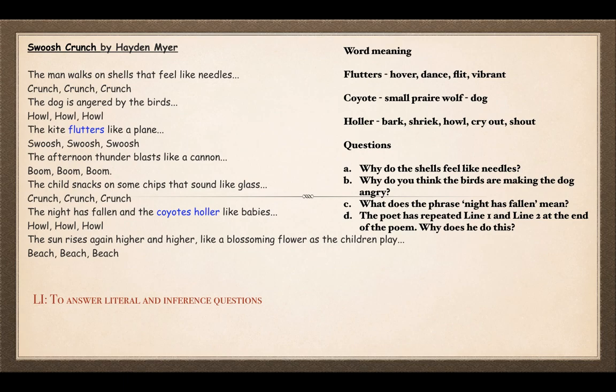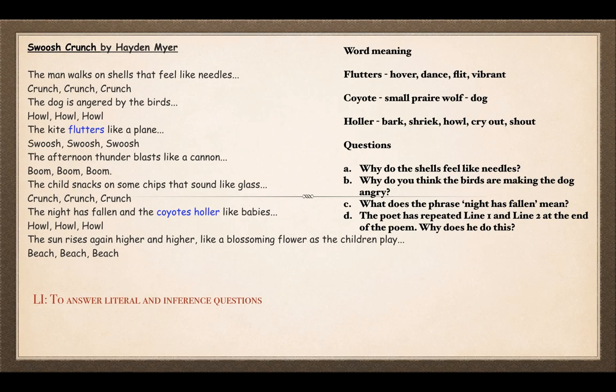If you've not heard that word before, coyotes holler. Well, they bark very loudly. So holler means to bark or shriek or howl or cry out or to shout. So understanding the meaning of words that you don't know is important because it'll help you with understanding the text.